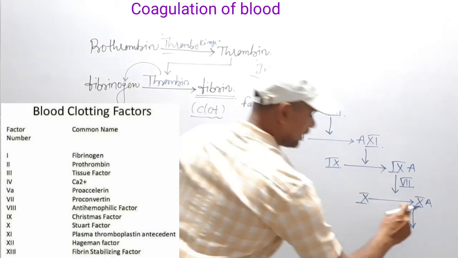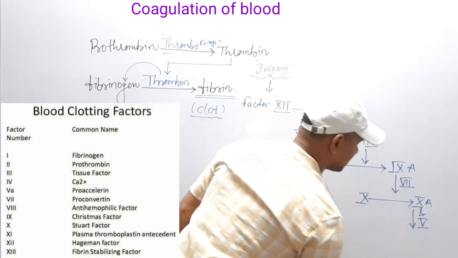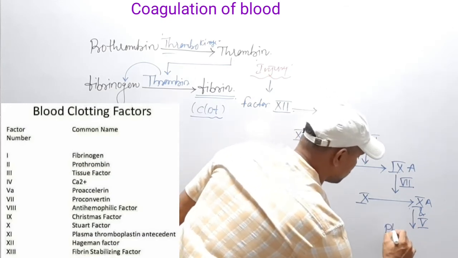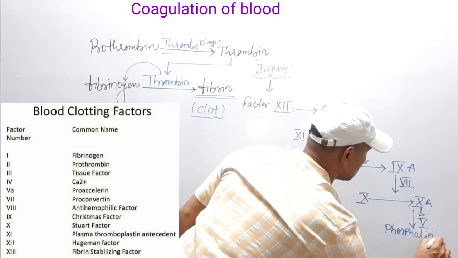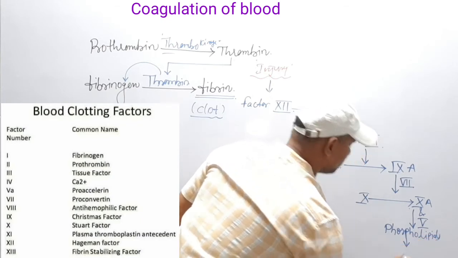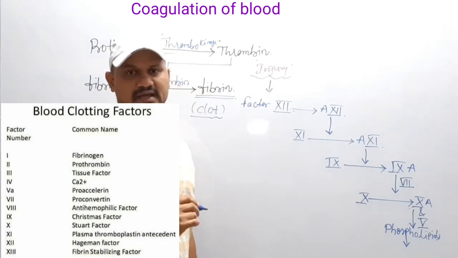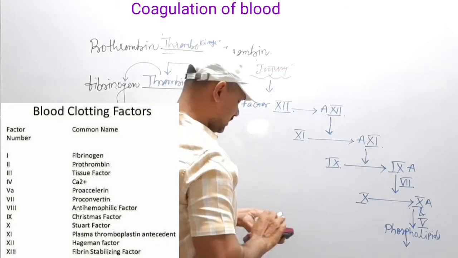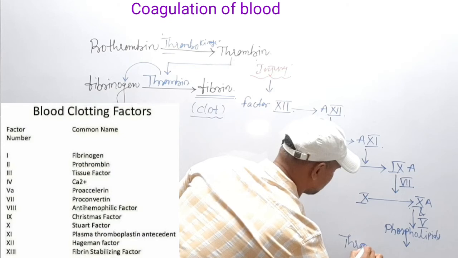The activated 10th factor combines with the fifth factor and phospholipids to form an enzyme complex known as thrombokinase.